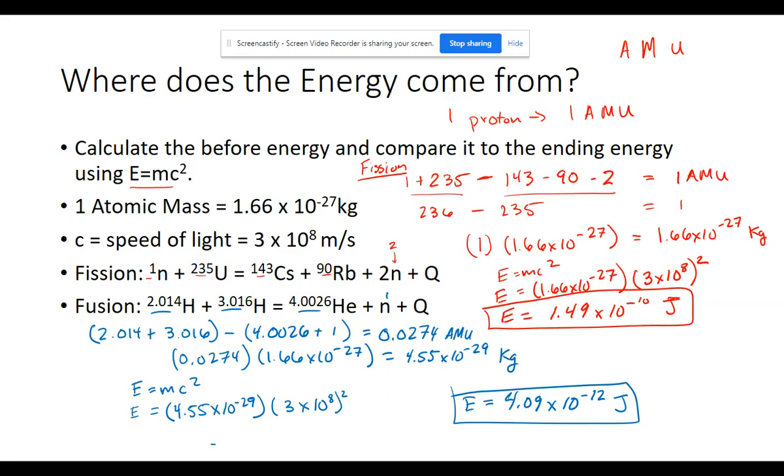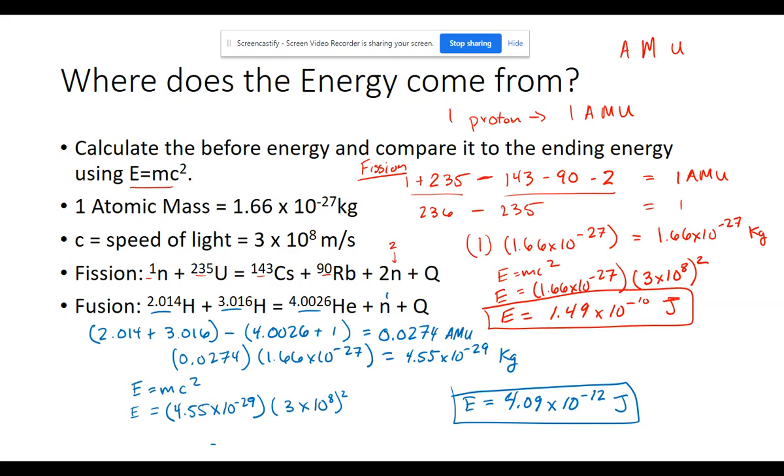So even from a mass standpoint, fusion is releasing a lot more energy than fission, even though that's not reflected in the numbers here. That's because every time you fuse something, there's a bigger change in mass than when you do fission.